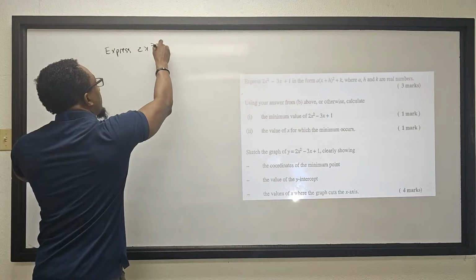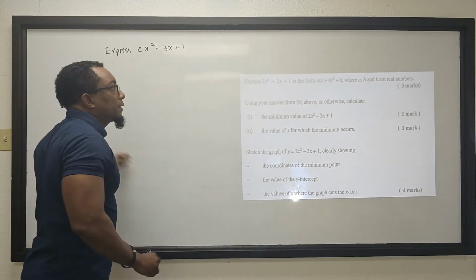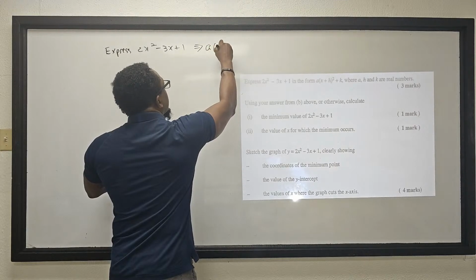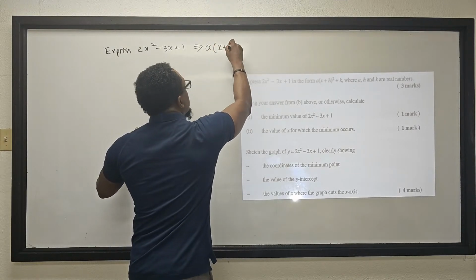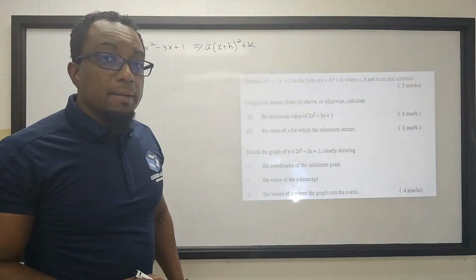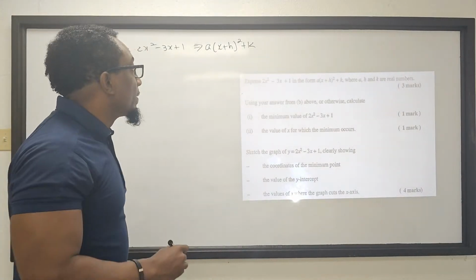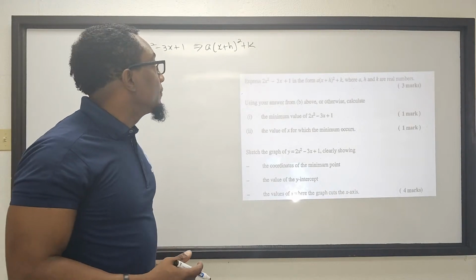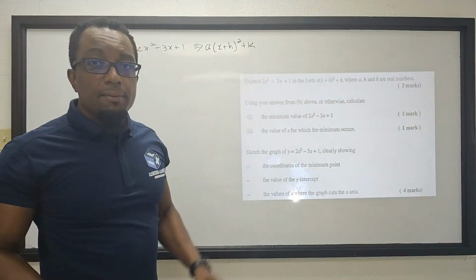So first, we want to express 2x squared minus 3x plus 1 in the form a(x plus h) all squared plus k, which is called the method of completion of squares. Now, there are different ways we can convert the quadratic expression into that form.